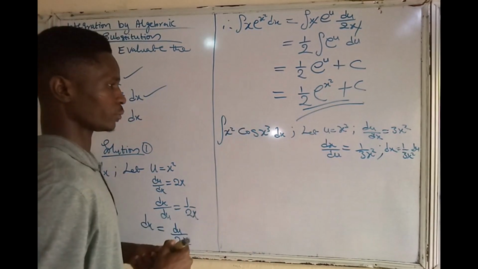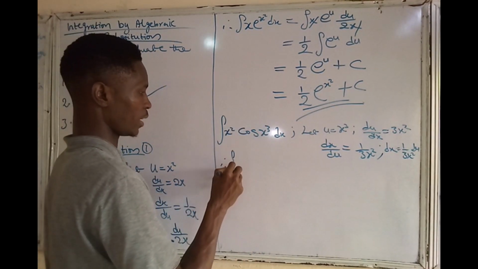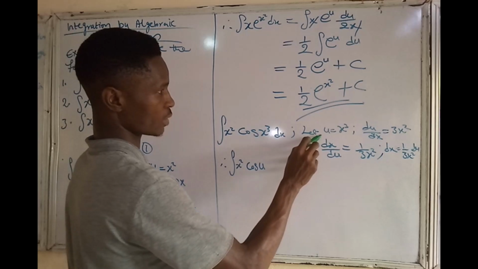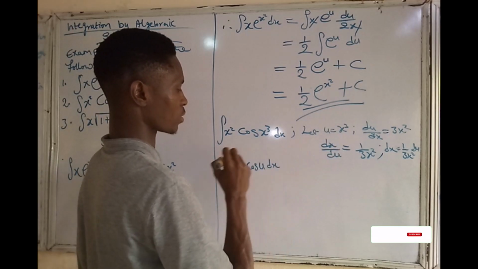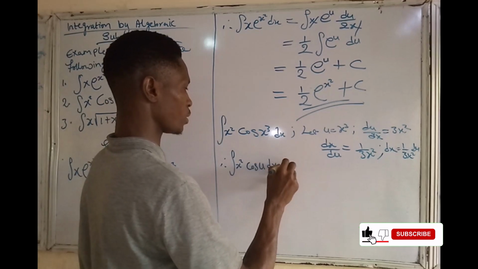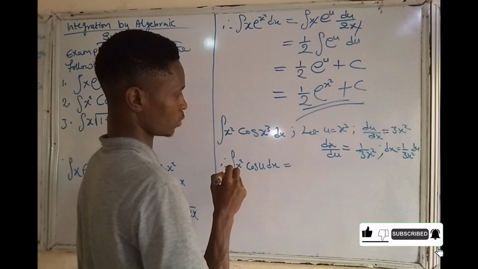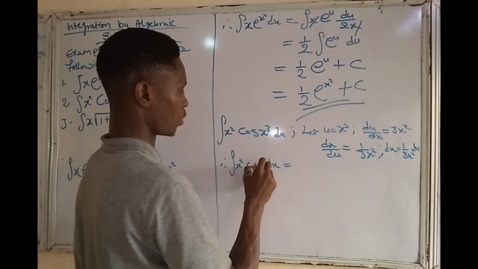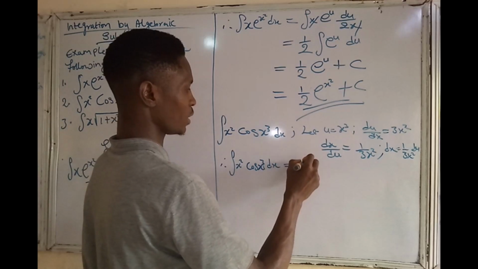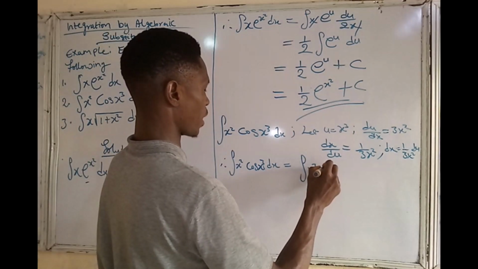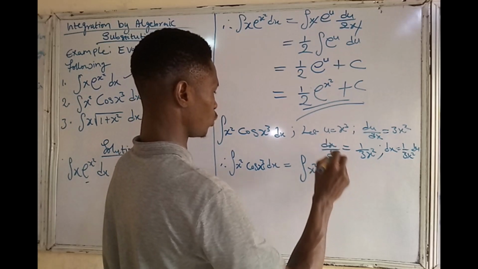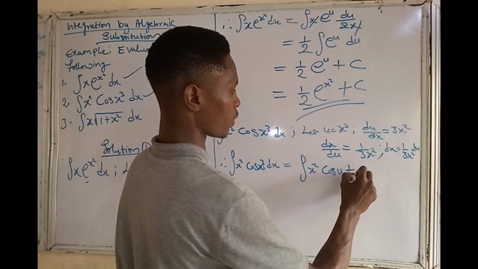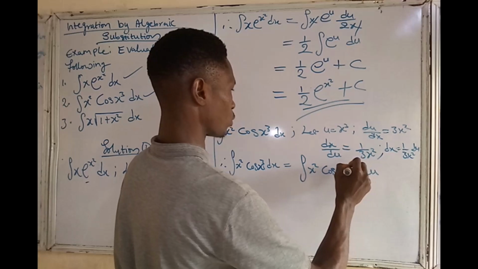Now we substitute here. So we say therefore, the integral of x squared cos x cubed is equal to the integral of x squared cos u, instead of dx we have 1 over 3x squared du.